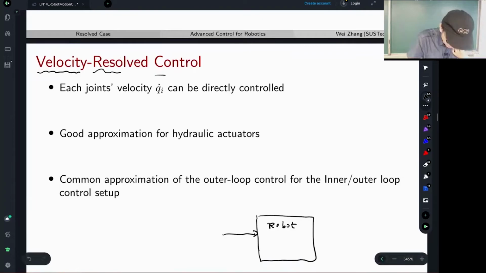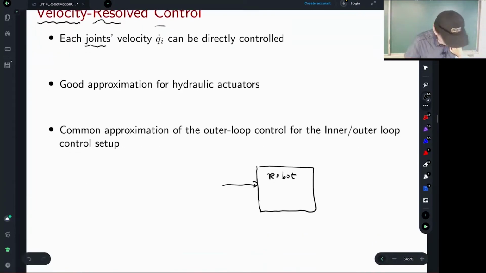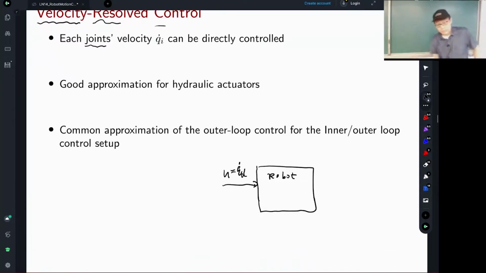Let's first talk about the joint case, okay? Let's say all we need to send is u. In this case, it is q dot. These are q dot. Okay, and the robot will move, and the output is q.